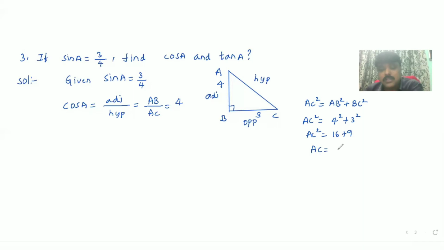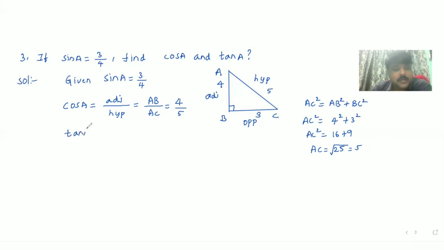AC square is 25. Therefore, AC equals square root of 25. It is 5. Therefore, cos A value is 4 by 5.